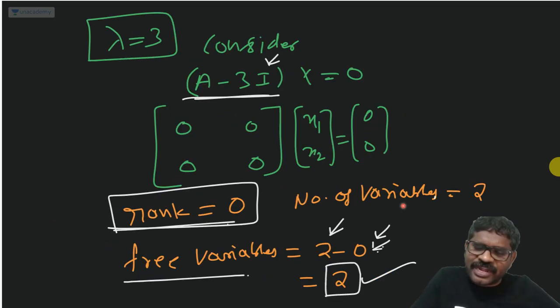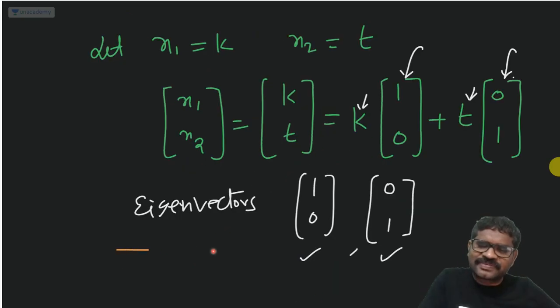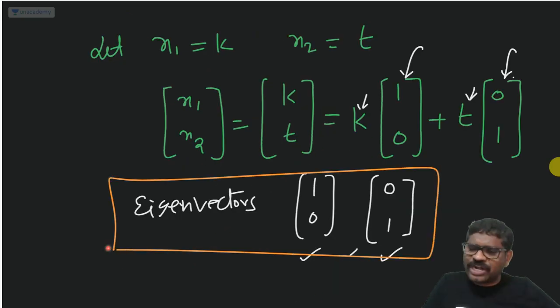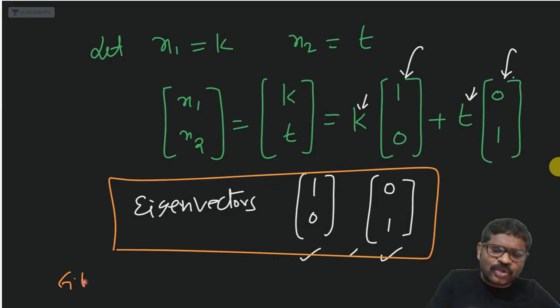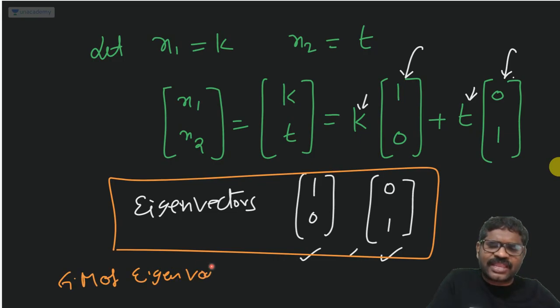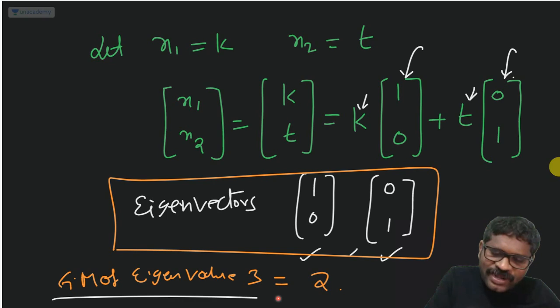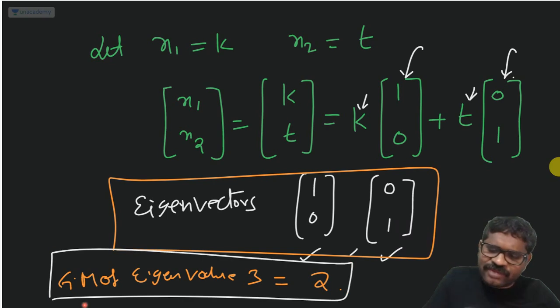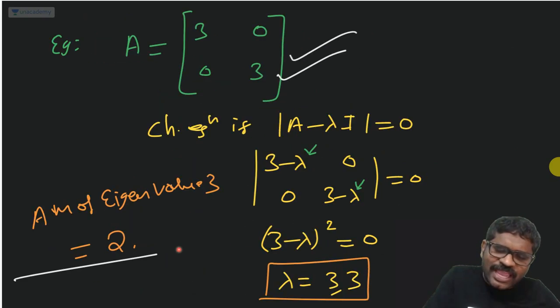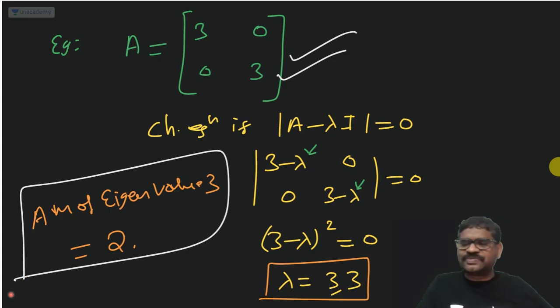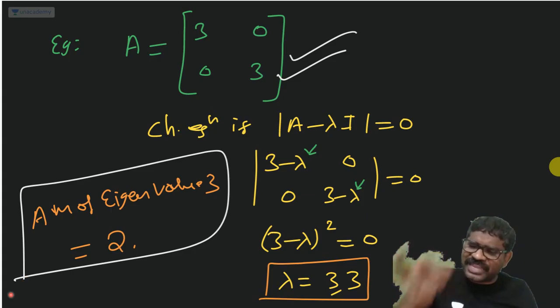How many independent eigenvectors did you get here? 2 independent eigenvectors, na? So the geometric multiplicity of eigenvalue 3 is 2. Understood? So in this example, GM of eigenvalue 3 is 2, AM of eigenvalue 3 is 2. AM equal to GM.